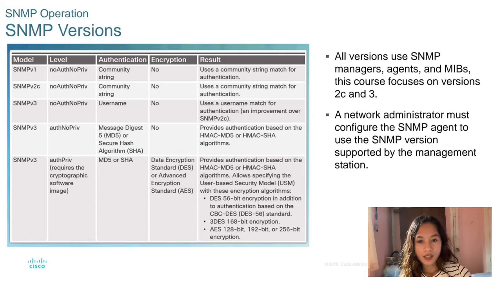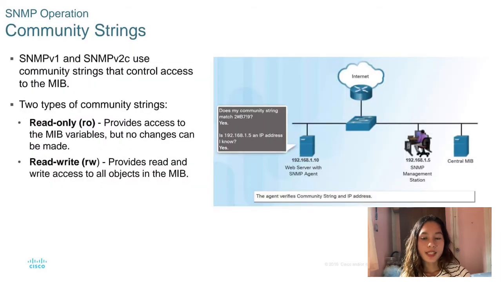SNMP versions. So these are the SNMP versions. All versions use SNMP managers, agents, and MIBs. This course focuses on versions 2c and 3. A network administrator must configure the SNMP agent to use the SNMP version supported by the management station. Community strings.